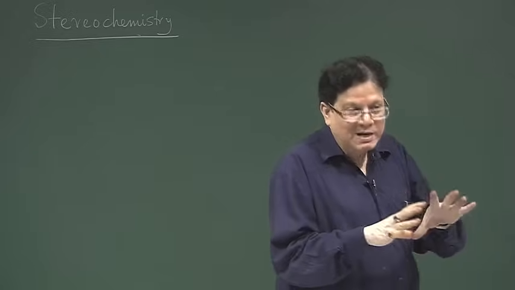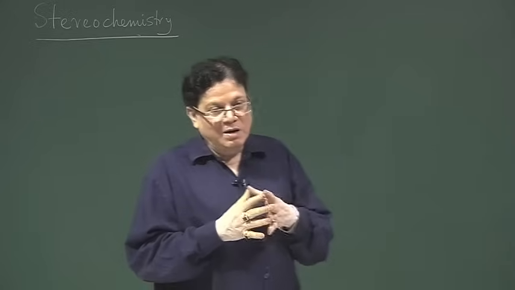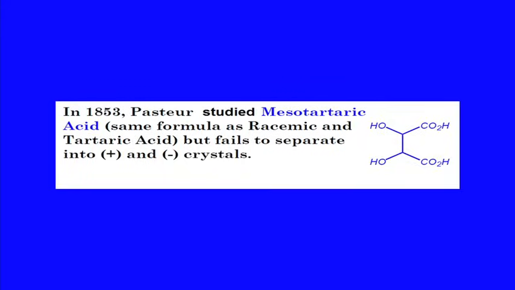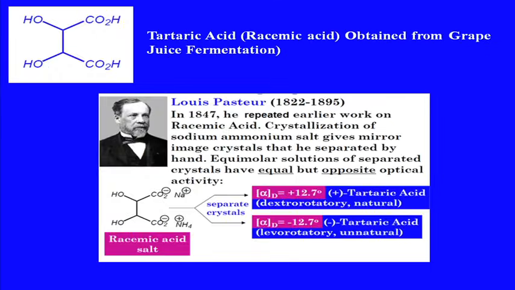So, now we have three types of tartaric acid. One is this mesotartaric acid, which cannot be separated into any different crystalline forms. That means it is a single compound. On the other hand, you have the tartaric acid obtained from grapefruit juice, which at that time was called racemic acid. It consists of two types of tartaric acid.